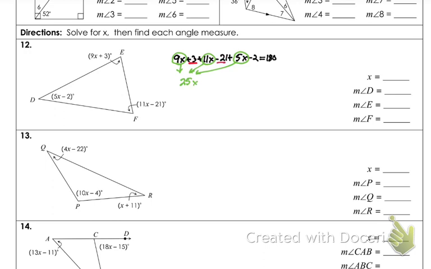The rest are just numbers that we're going to add together: a positive 3, a negative 21, and a negative 2. We're really just going to take 3 minus 21 minus 2, which should equal a negative 20 if done correctly.